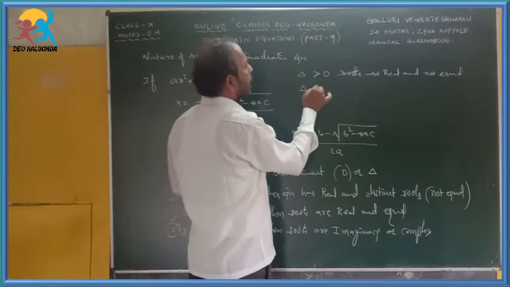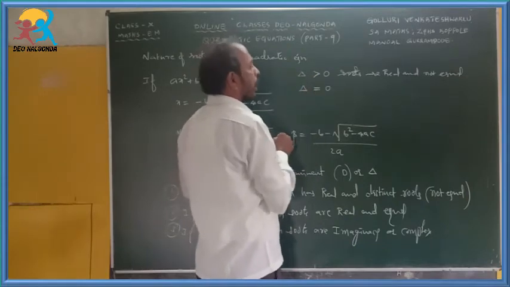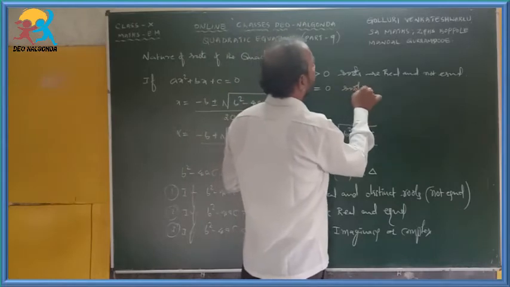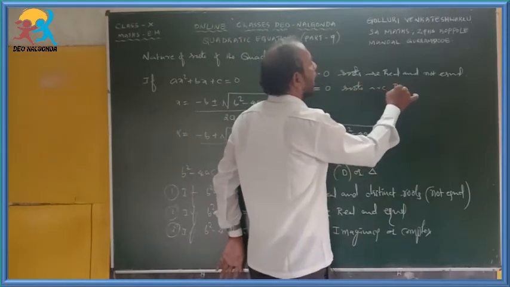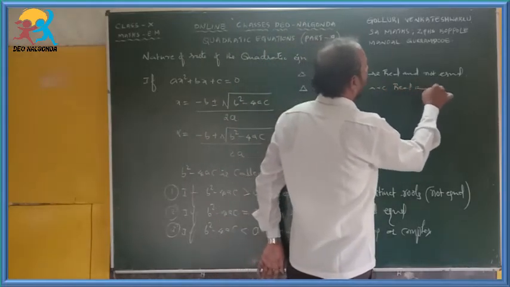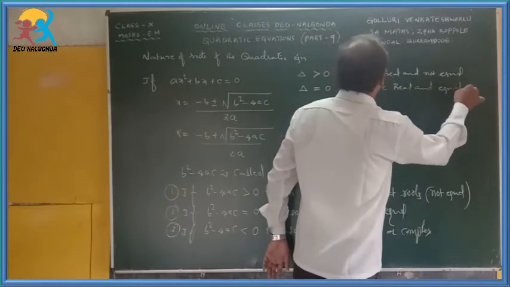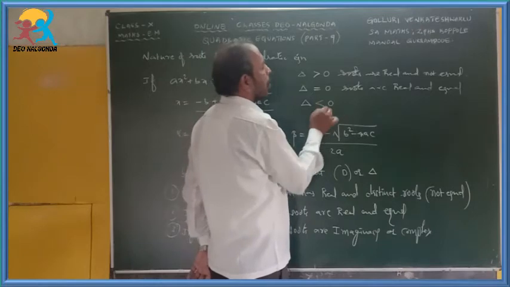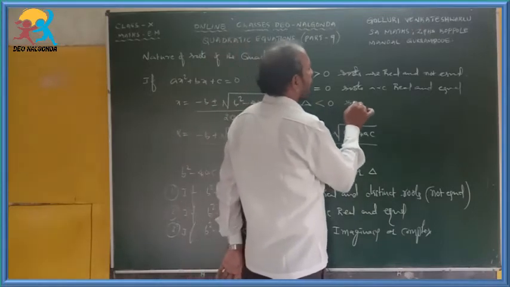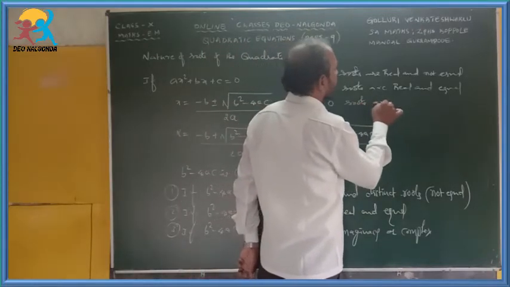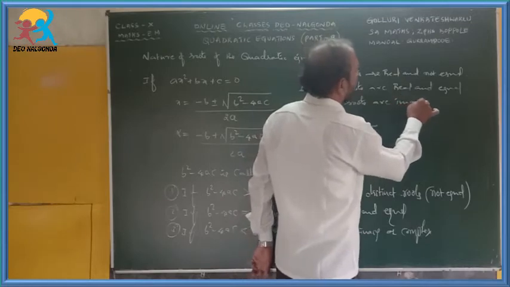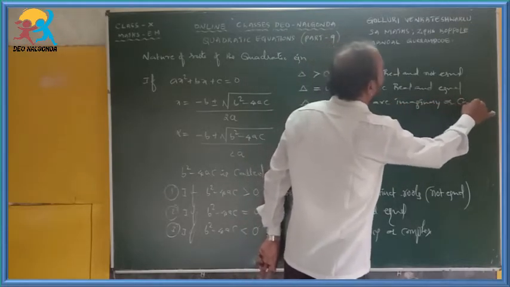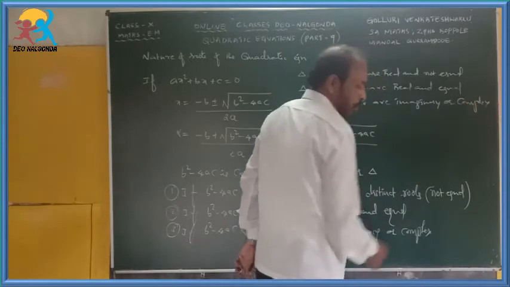In the second case, if the discriminant value is equal to 0, roots are real and equal. Next, if delta or the discriminant value is less than 0, when it is negative, roots are imaginary or complex roots.